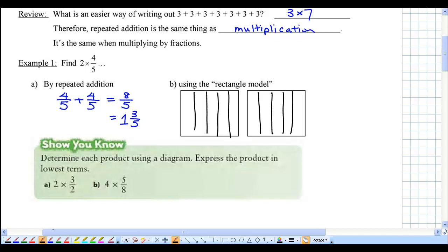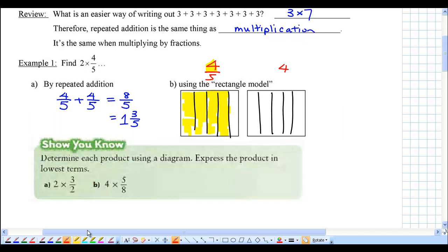Okay. Now, let's do this together. I want 4/5, so I'm going to shade in 4, right? So there's my first 4/5. Where's my next 4/5?